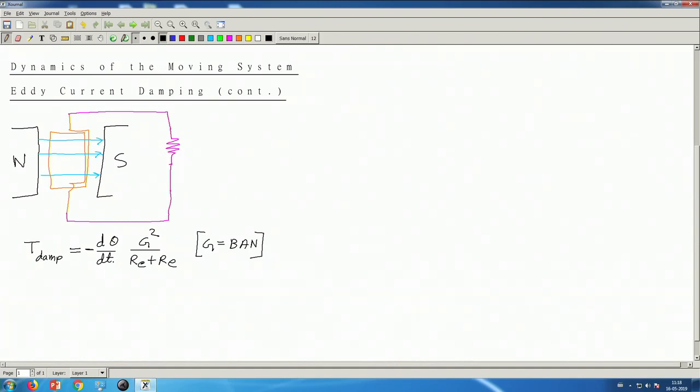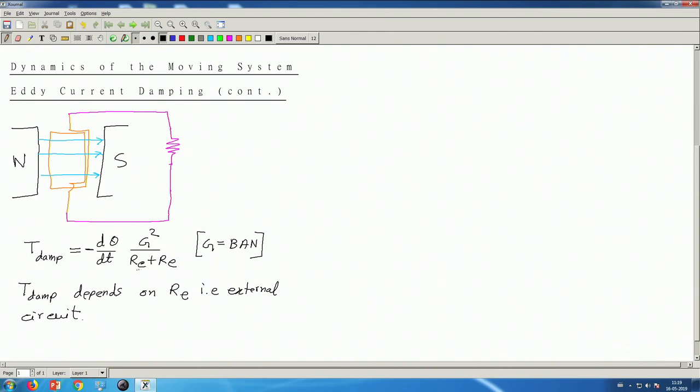Now, the problem here is that this torque T damp depends on R E, that is the external circuit. If we are measuring current in different circuits, R E will be different, and therefore this damping torque will also be different.